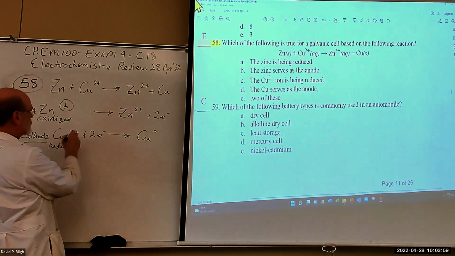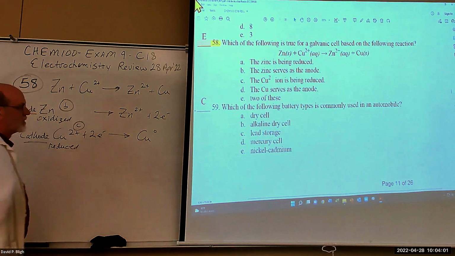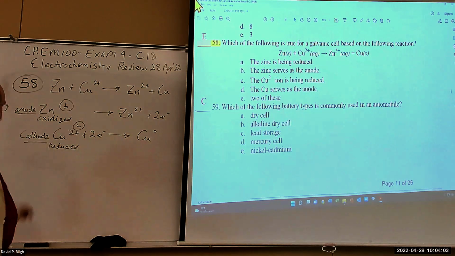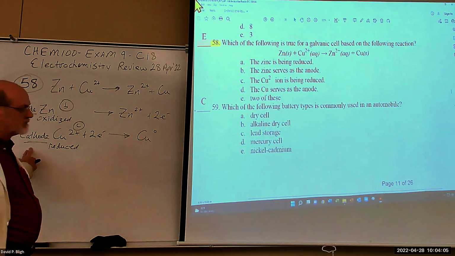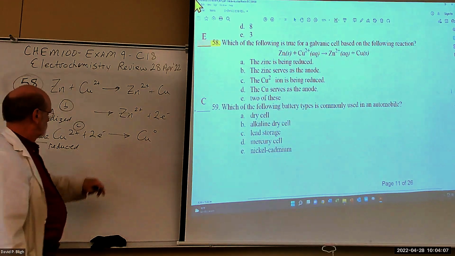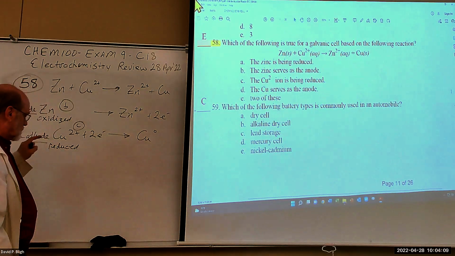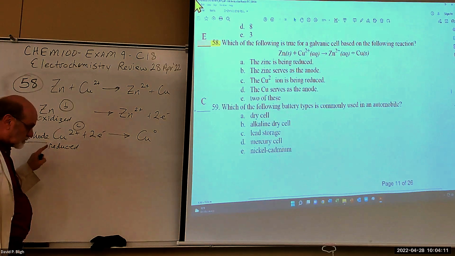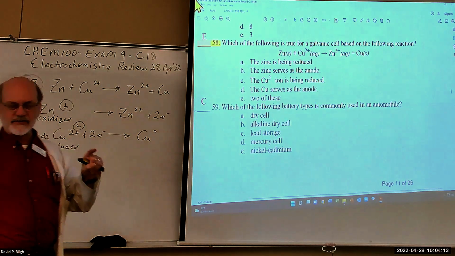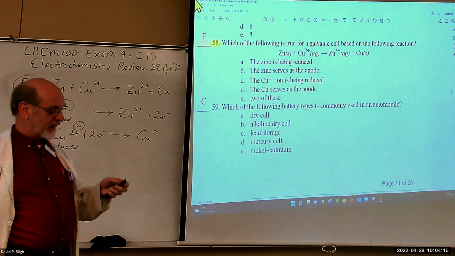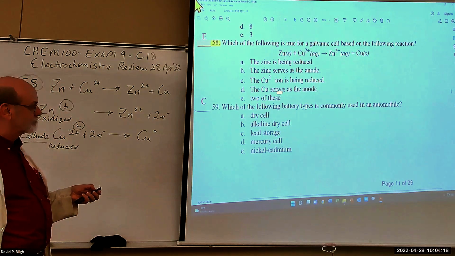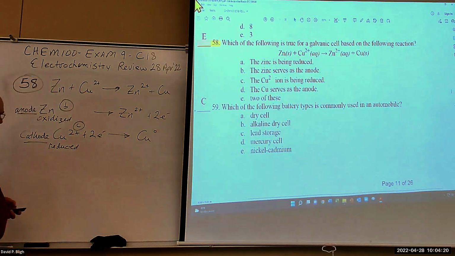Yes. So C is a correct answer. Copper serves as the anode? No, it's the cathode. So you've got 2 correct answers here. That's why E is the answer. Both of those, B and C, are correct.